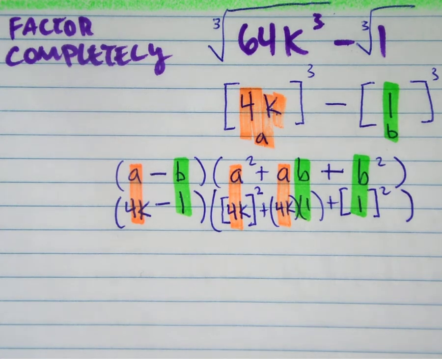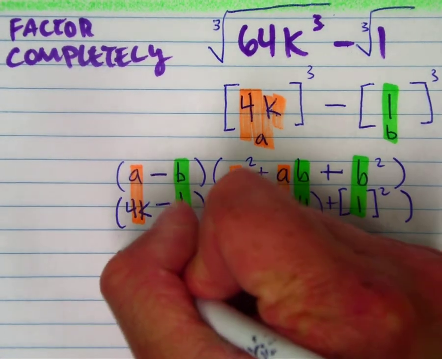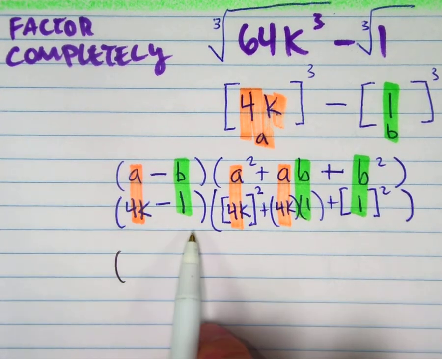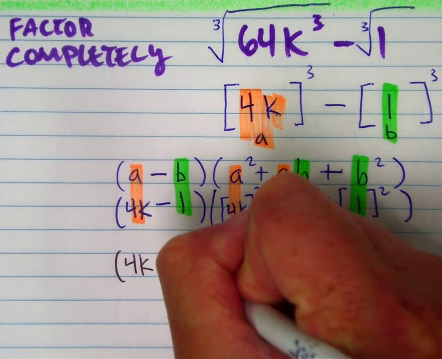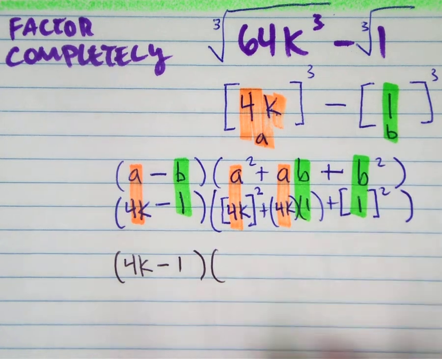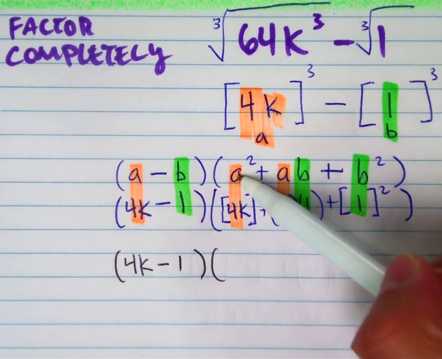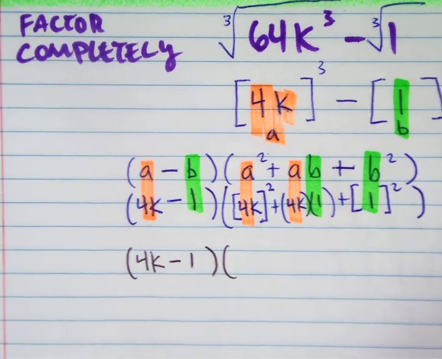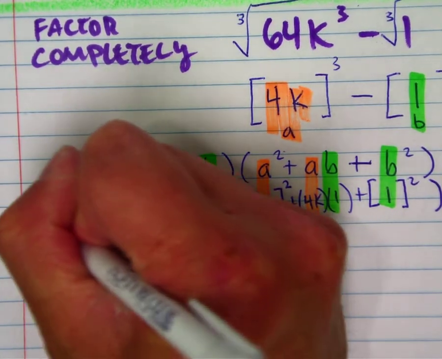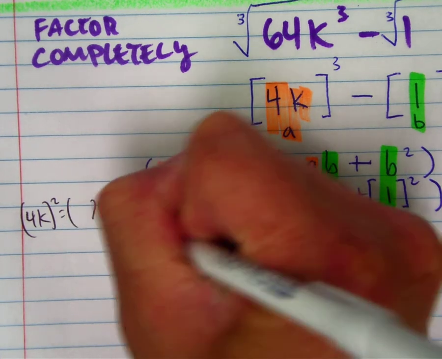All we have to do now is go back and simplify. Can I do anything there? So just bring it down. 4x minus 1. Okay, pay attention here. This is our a value squared, so 4k squared. 4k squared means you have 2 of these, right?